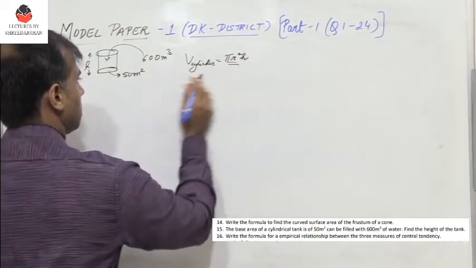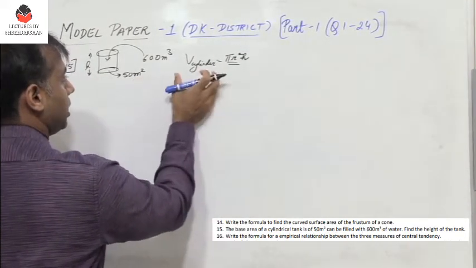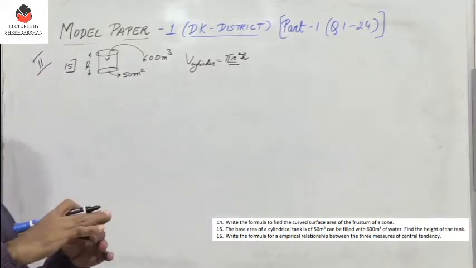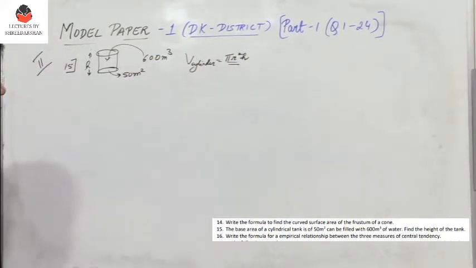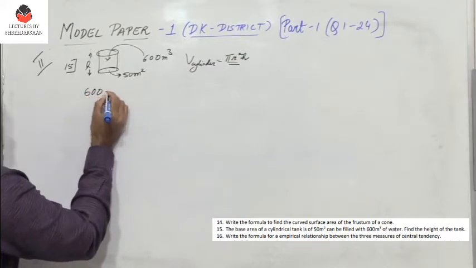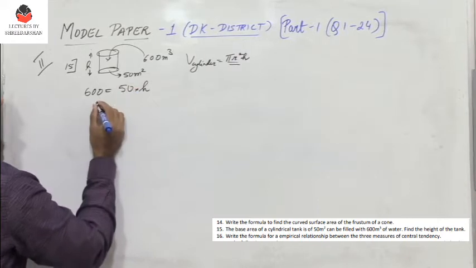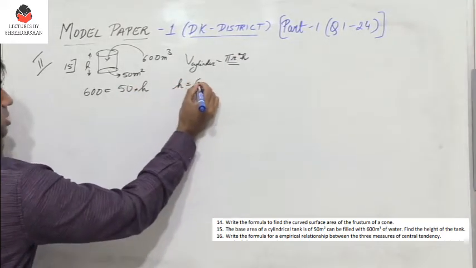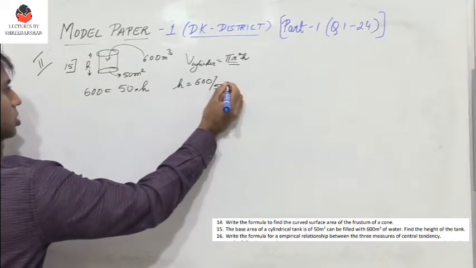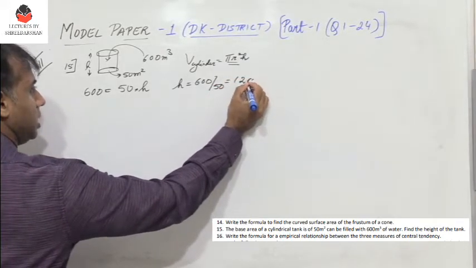So pi r square is 50 and the volume is 600 because the entire cylinder is filled with water. So 600 equals pi r square, which is 50, into h. So I get h equals 600 by 50, which is equal to 12 meter.